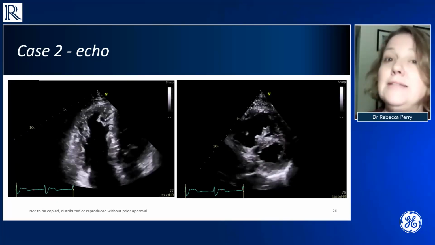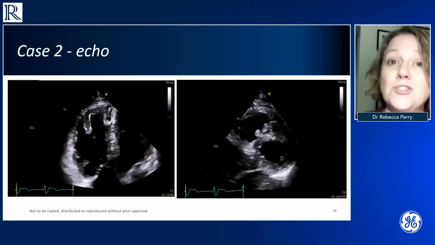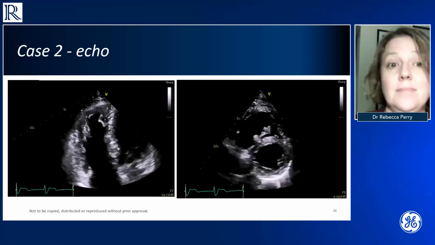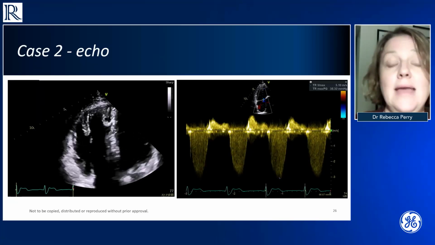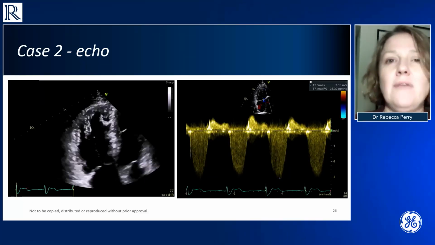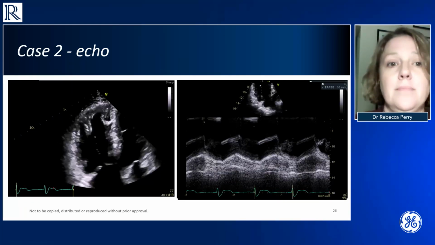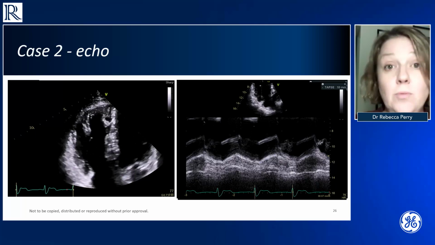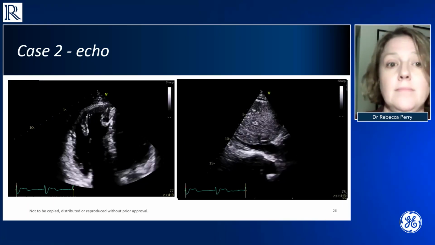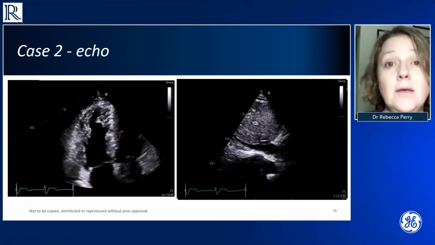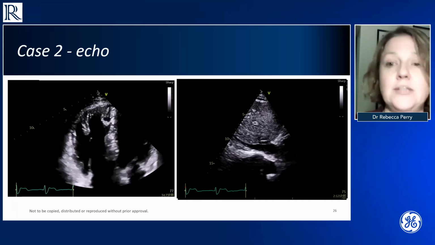And it's really difficult to determine what this right ventricular function is. He's got slightly elevated right ventricular systolic pressure. His TAPSE is abnormal, but his IVC is fine. So how do we follow up this patient?